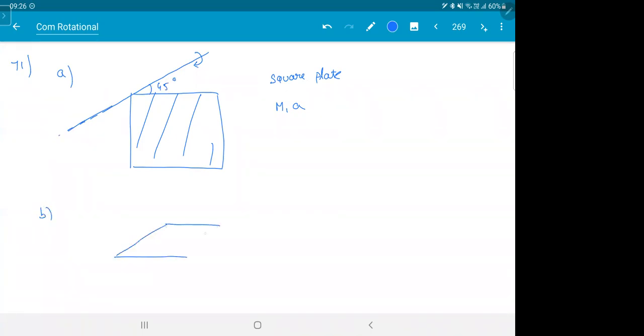Second one: this thing, so through two corners. Find I in both the cases. Find the moment of inertia of a square plate about the edge, parallel to the plane, and perpendicular to the plane.